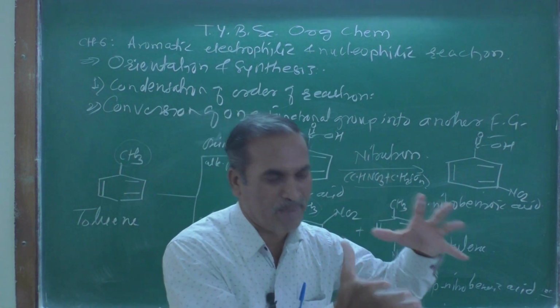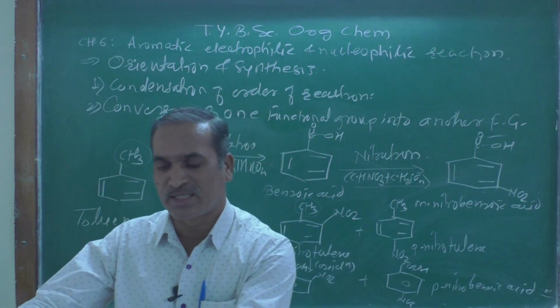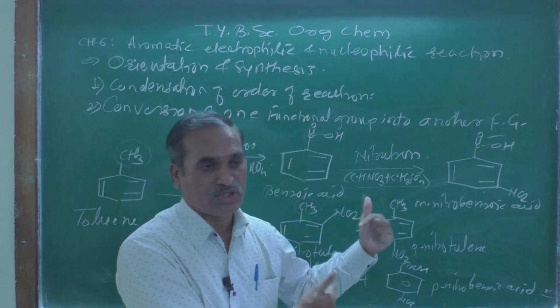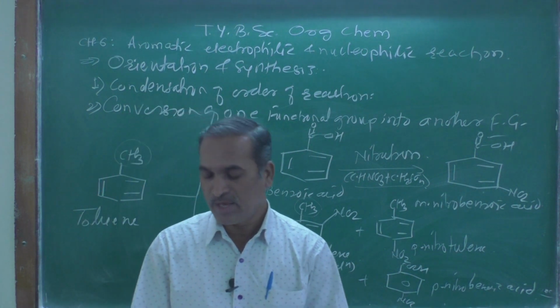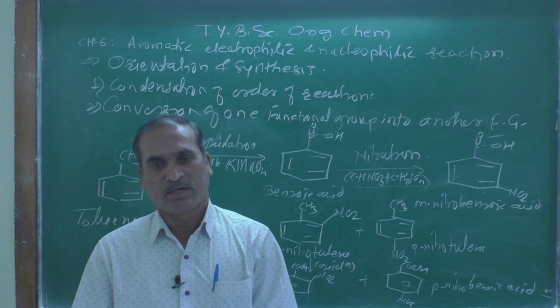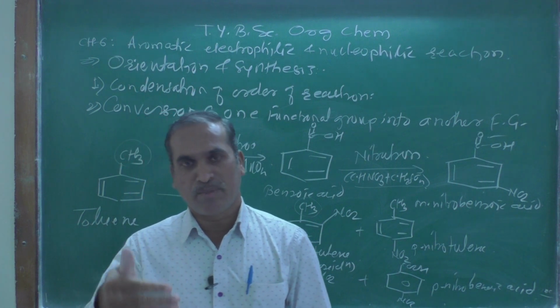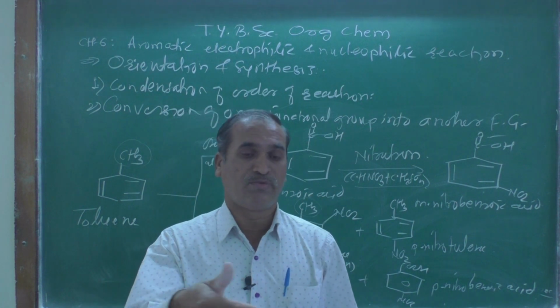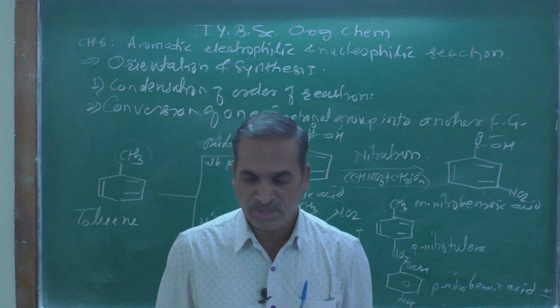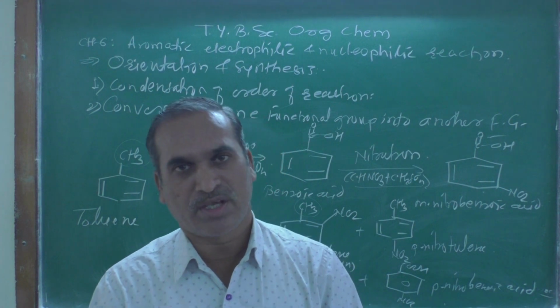Accordingly, we can plan our synthesis and we will get the desired product. Just now we have seen two suitable examples. I think with this, let us stop today here. The nitration reaction we will see in detail in the next lecture. Have a nice day. Thank you.